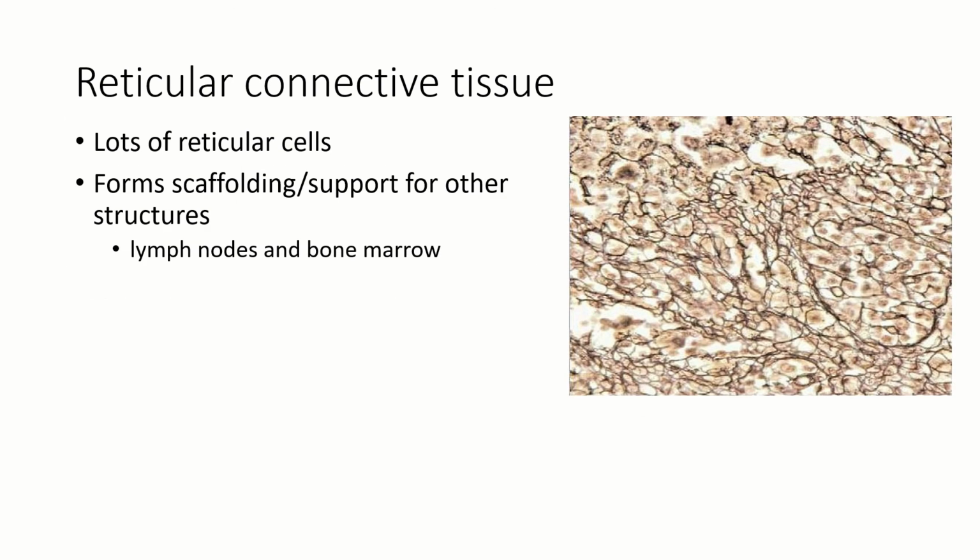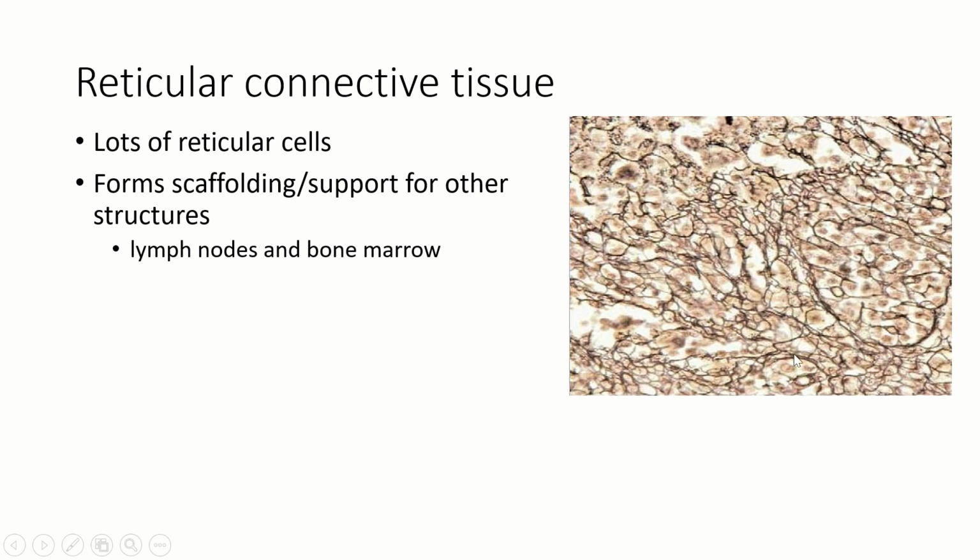And we have one other tissue which I want you to know, which is called reticular connective tissue. You remember reticular means related to a network. Reticulum is a network, or a lattice is another thing that a reticulum is. So reticular connective tissue has a lot of reticular protein fibers that make a lattice with big spaces between the fibers.